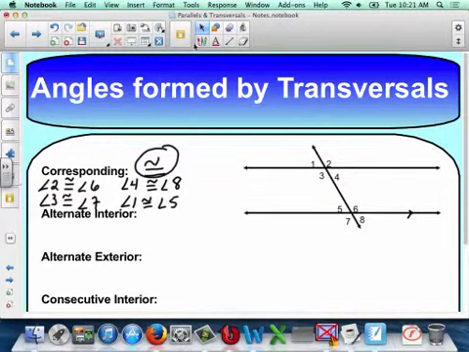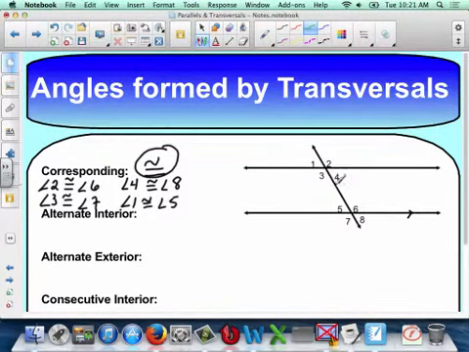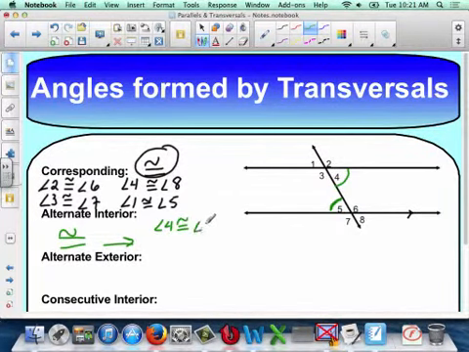With 4 and 5 it's a little bit easier. It's the Z, right? The corners of the Z. Well, what do you notice about their measures? They're equal because my two lines are parallel. So another thing you need to know about alternate interior angles, they are congruent. So this implies then that angle 4 is congruent to angle 5, and angle 3 is congruent to angle 6.